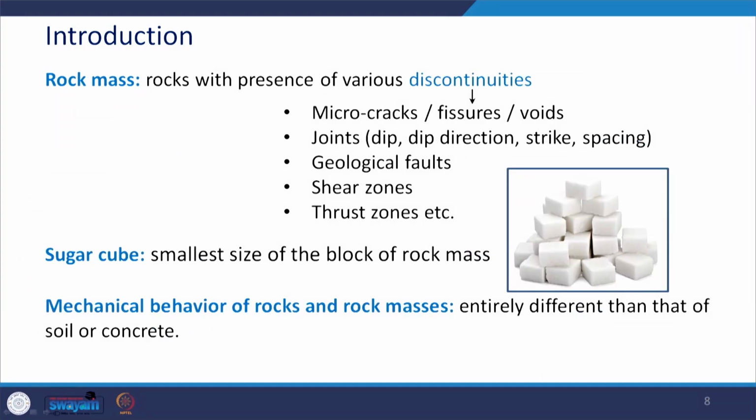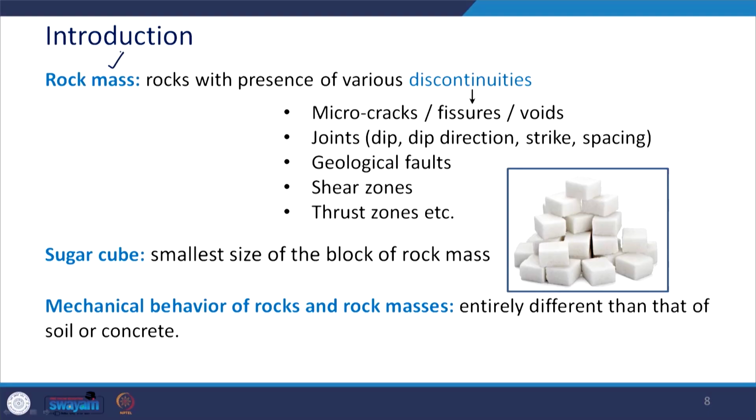Now coming to the rock mass. When rocks have various discontinuities, then that material is called a rock mass. Now what do we call discontinuities? These can include micro cracks, fissures or voids.